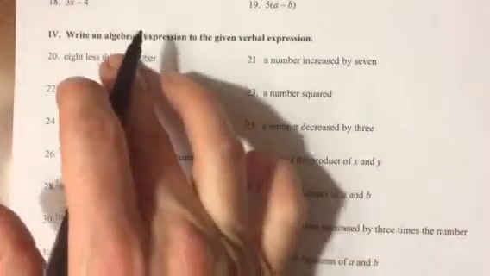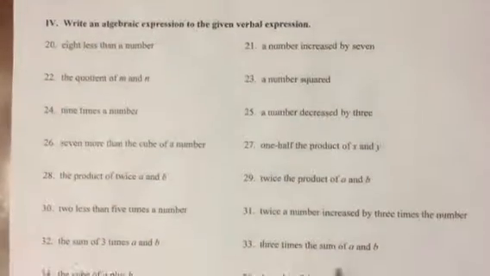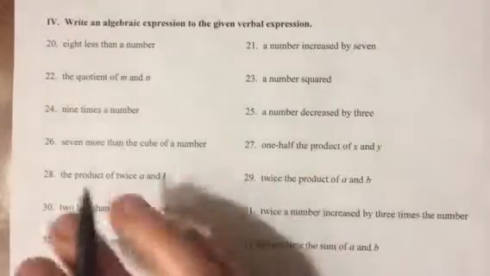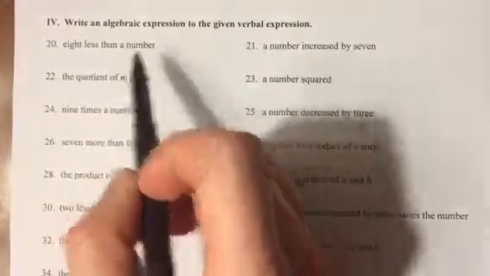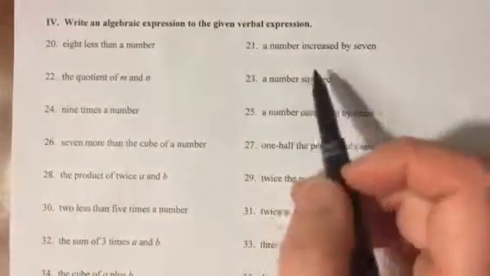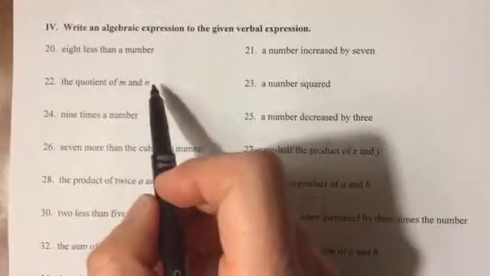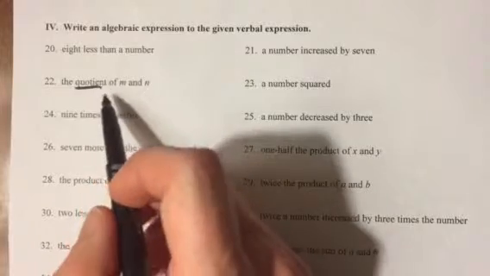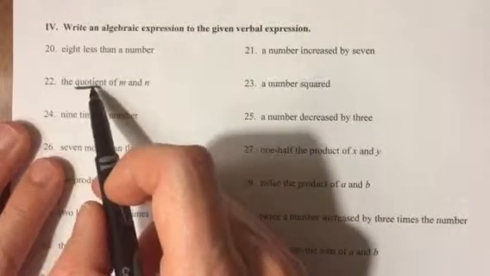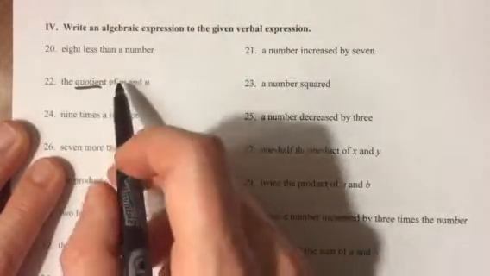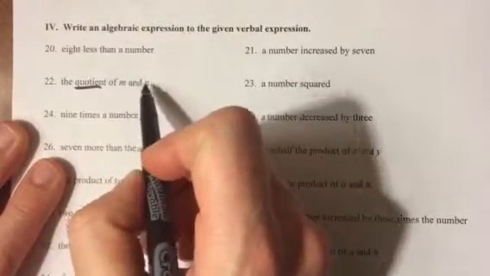And for 4, write an algebraic expression to the given verbal expression. So this is going backwards, taking the English, translating back into mathematics. So right here, the quotient of m and n, for example, we know quotient means division, and order really matters with division. So we have to figure out whether it means m divided by n or the other way.